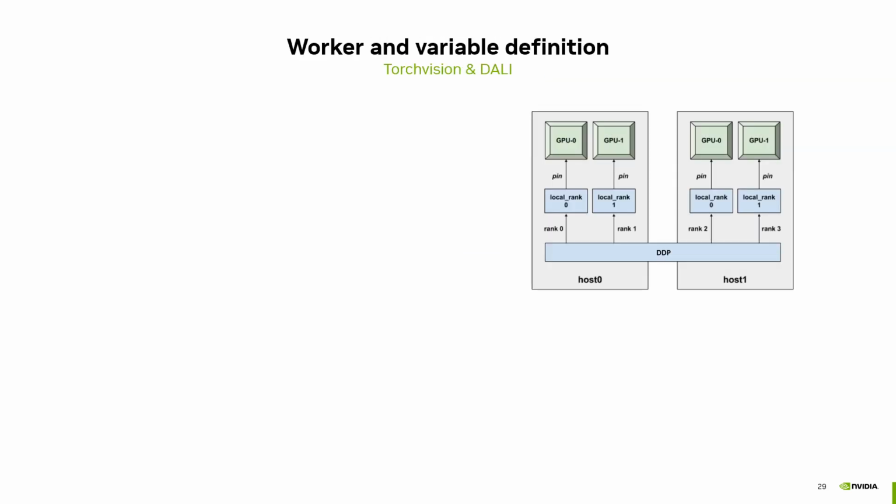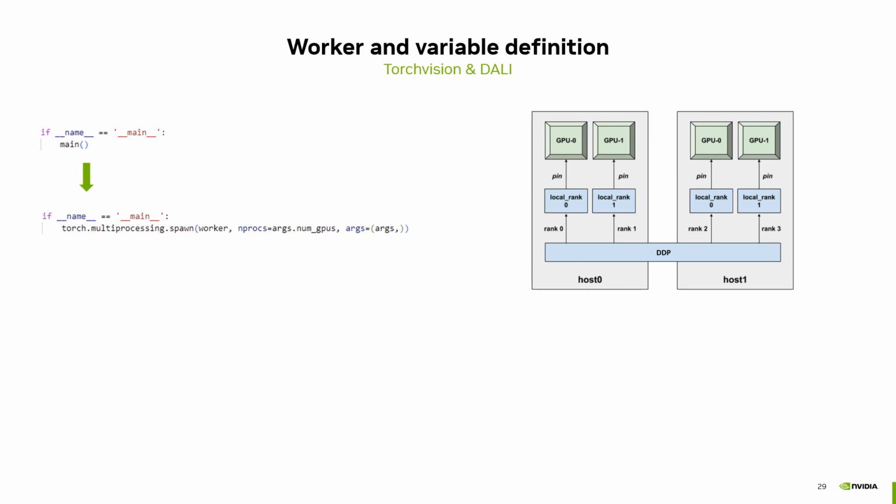First, let's see how we define each of these workers that we were talking about, so each of these processes, and some of the variables that we're going to be needing for this. Let's say you have your main function that you will launch once you run your script. This will be changed, and there are different ways of doing this, but for this example we'll be using multiprocessing spawn.